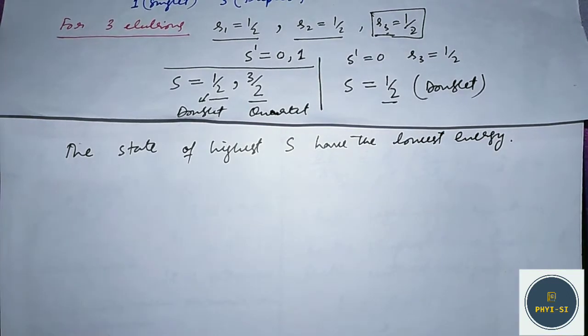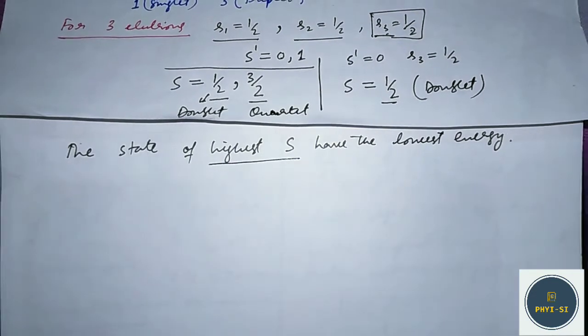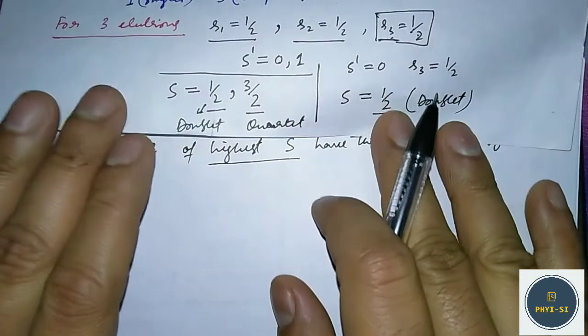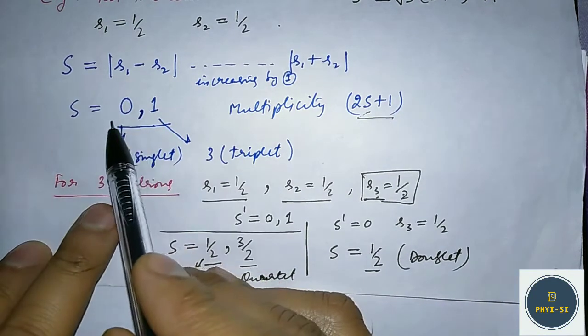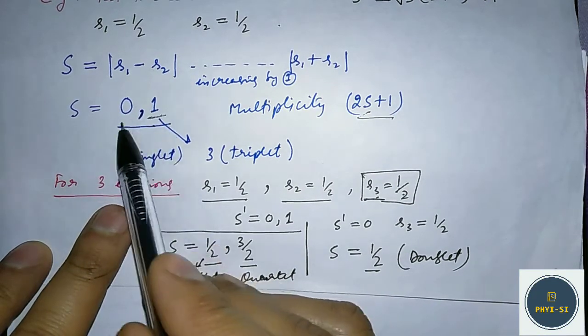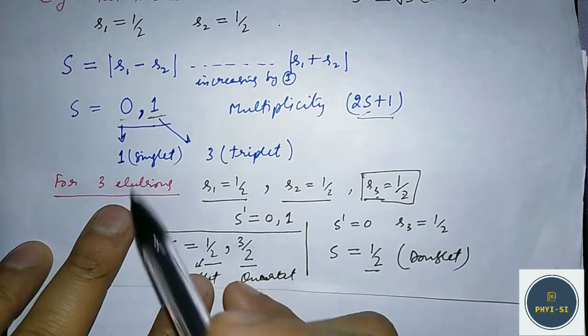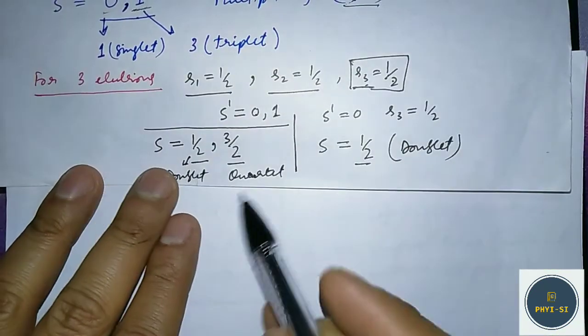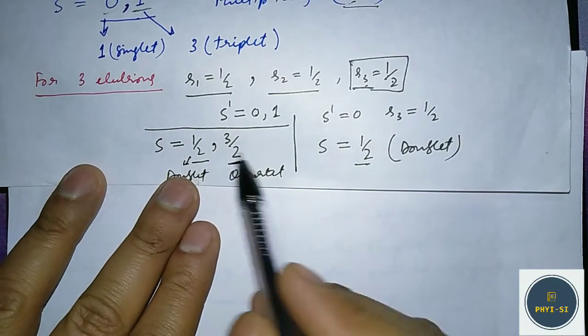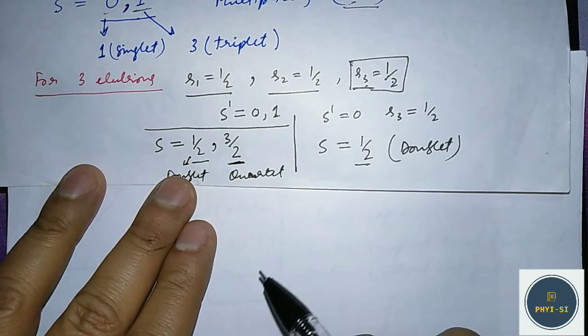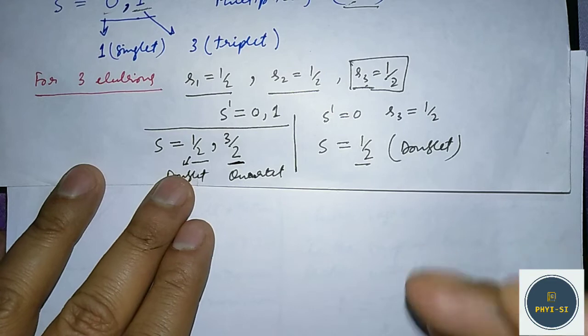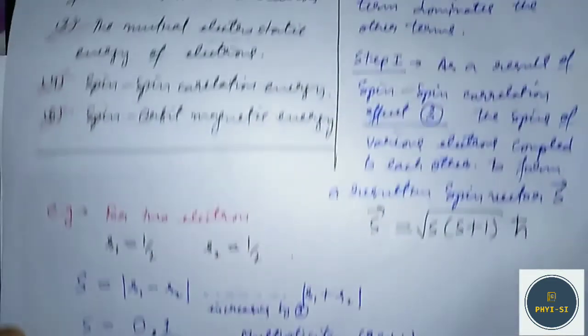The state which has the highest S will have the lowest energy. So from these two results we can see that when we have two electrons, this state has the lowest energy and this state has the highest energy. For three electrons, this state has the lowest energy and these two states have the highest energy. So we can find in this way how the spins interact.